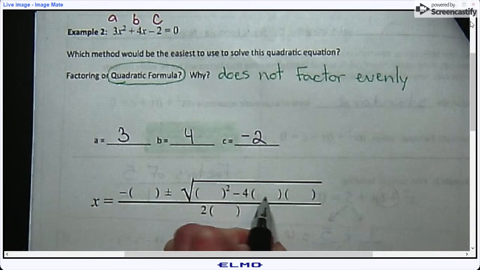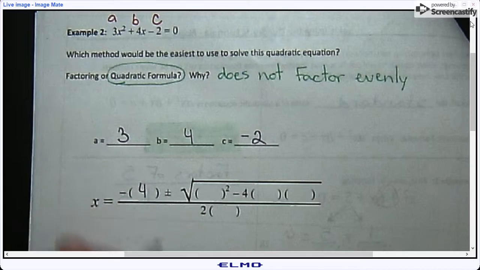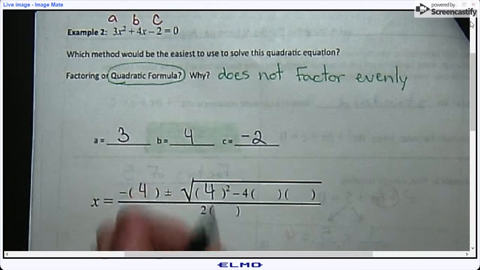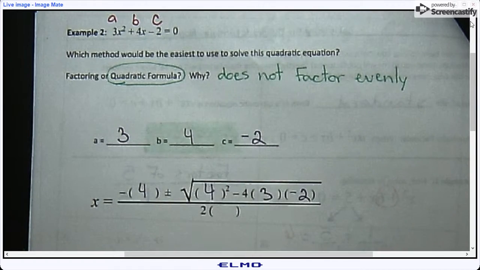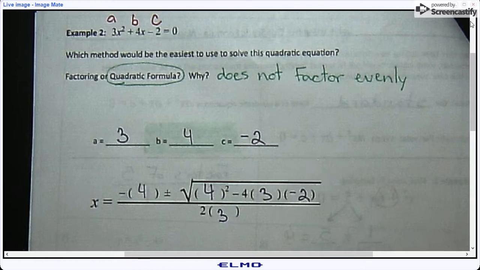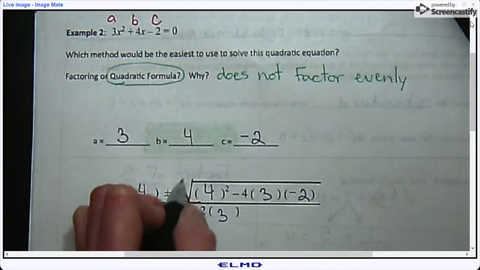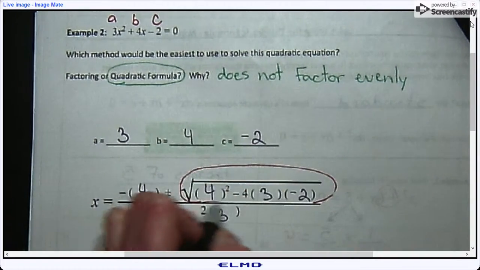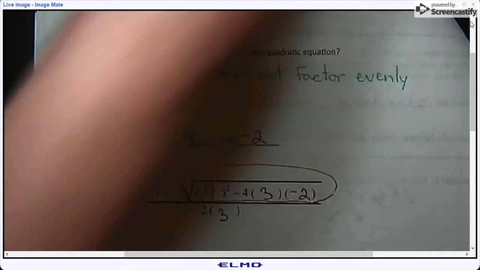b, b, a, c, a. Now use your calculator only for the radical. Go ahead and enter that.